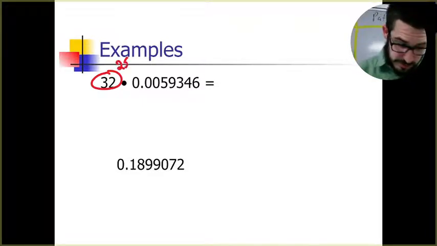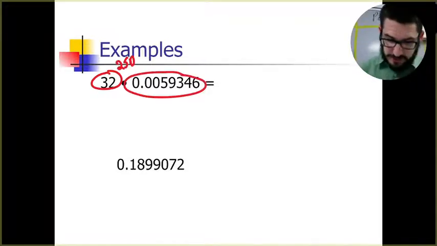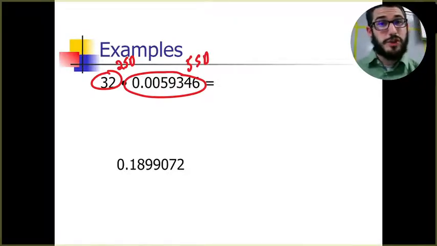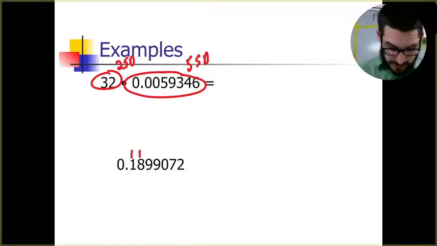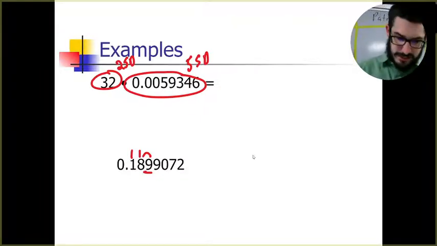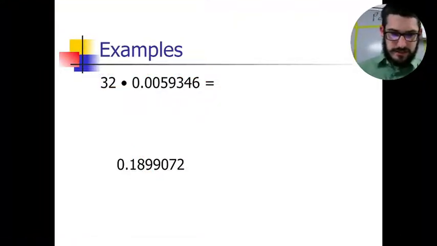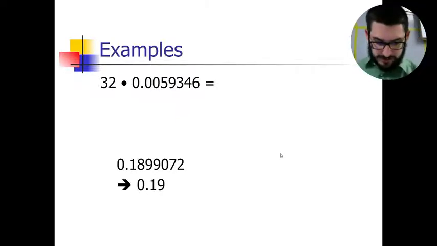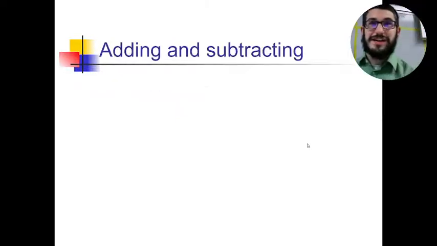Awesome. So 2 significant digits. And how many on this second number? Should have 5 significant digits here. I'm going to be limited by the 2 significant digits. So 1, 2. The 9 is going to round that 8 up to a 9. And I get 0.19.